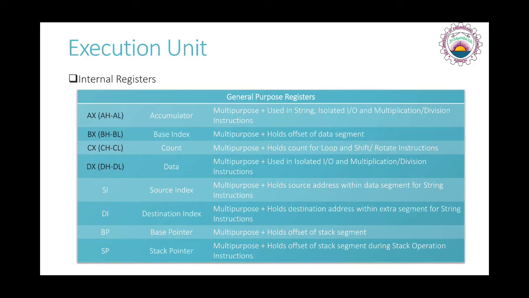DI register is called destination index. In addition to the multipurpose operation, this DI register is used within string data transfer instructions for holding offset address within extra segment, and that address will be our destination address.